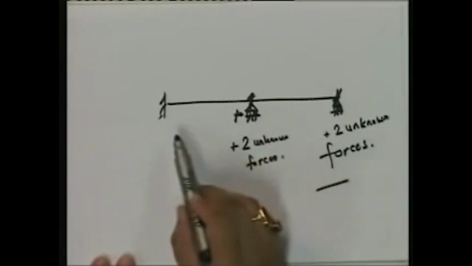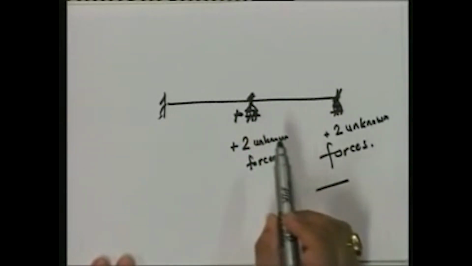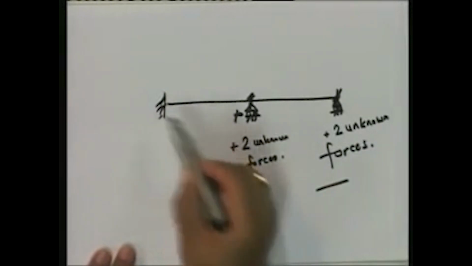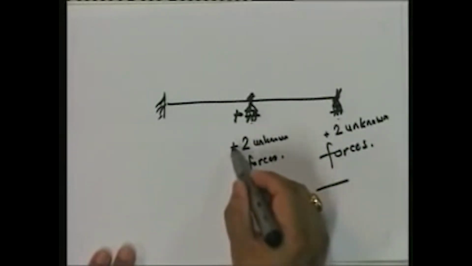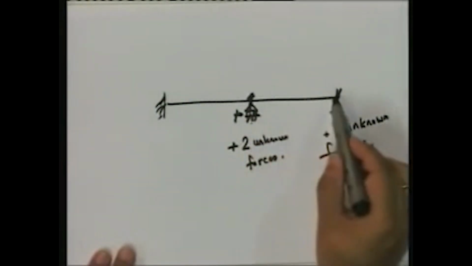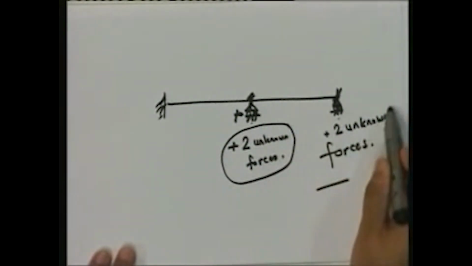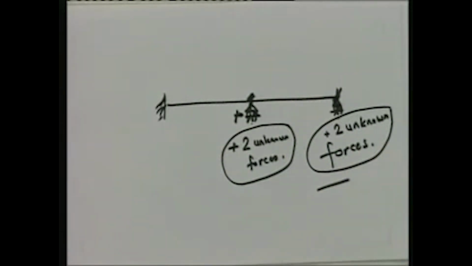In other words, I had a structure that, let's say, was fixed at this end, roller here, roller here. Now, to make it into a fixed structure, I have added two unknown forces here, and two unknown forces here. Okay. So, now let us look at this problem.